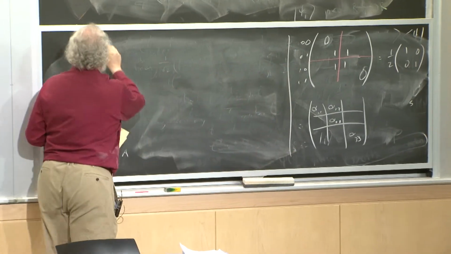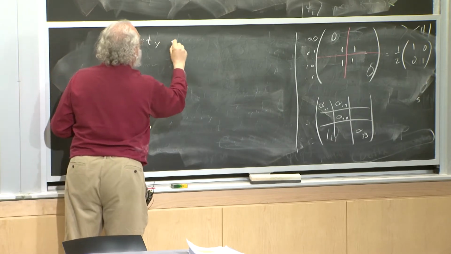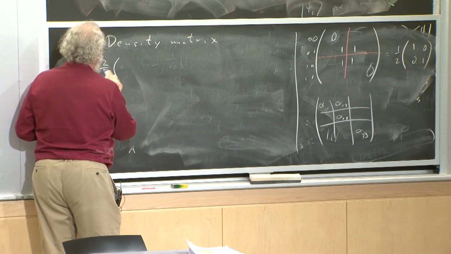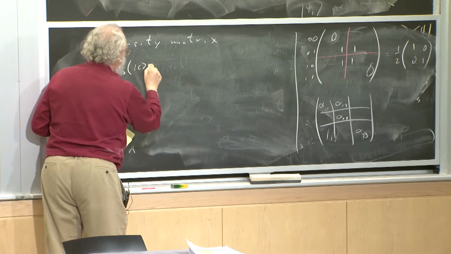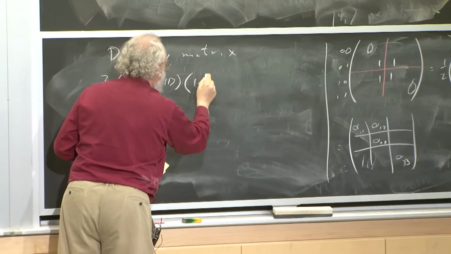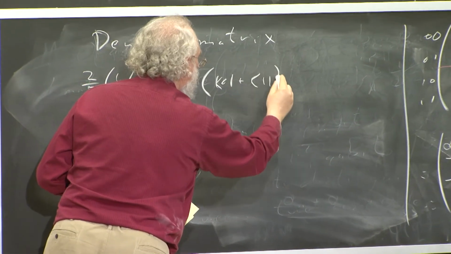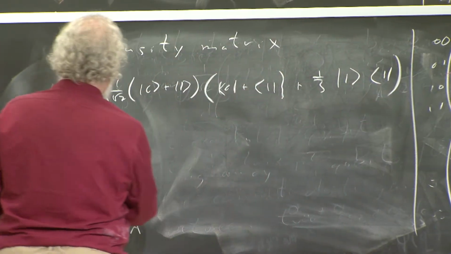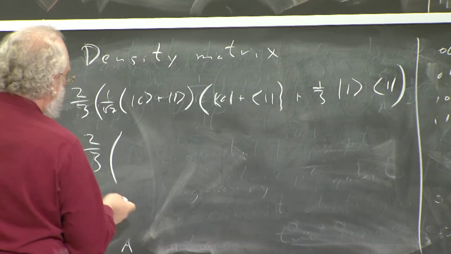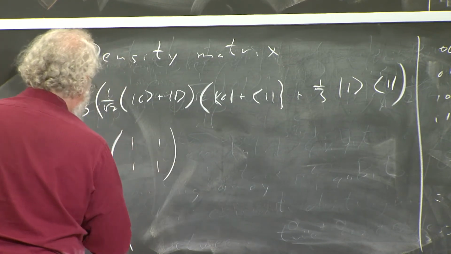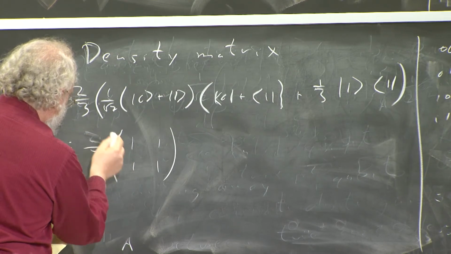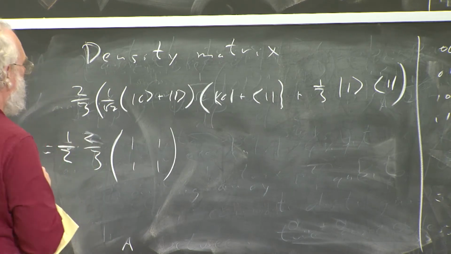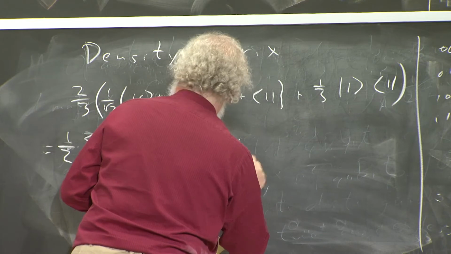So the density matrix is 2/3 times 1 over root 2, (|0> plus |1>)(<0| plus <1|), plus 1/3 |1><1|, which equals 2/3 times 1/2 of the matrix of all 1s, plus 1/3 times the matrix with 0, 0, 0, 1.